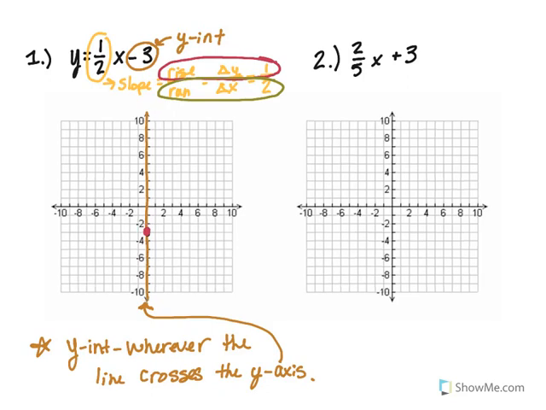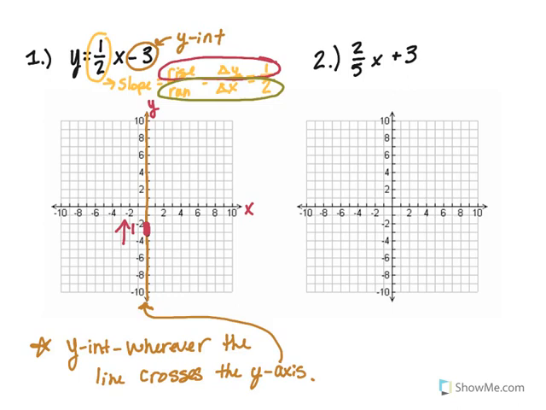The reason we call this change in y is because this is going up or down. That's our y-axis, right? These should really be labeled y and x. How much are we changing in y? We're adding 1 to that. We're going to go up 1.